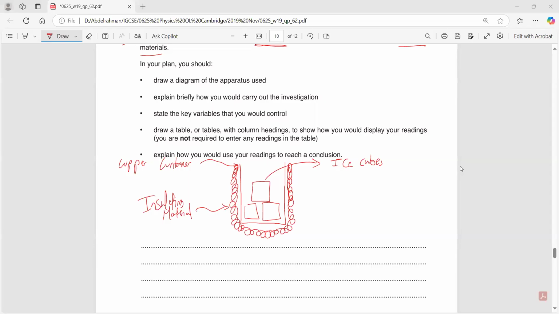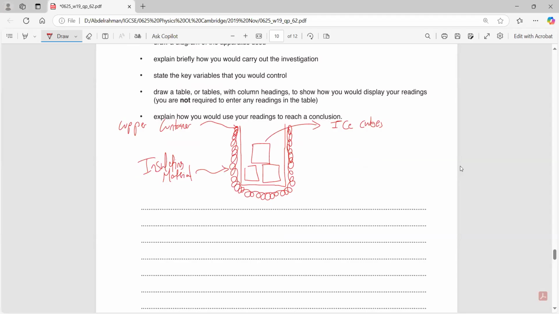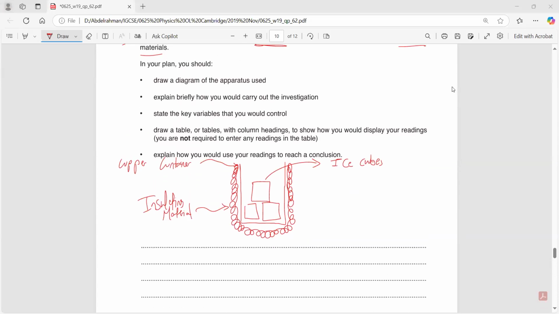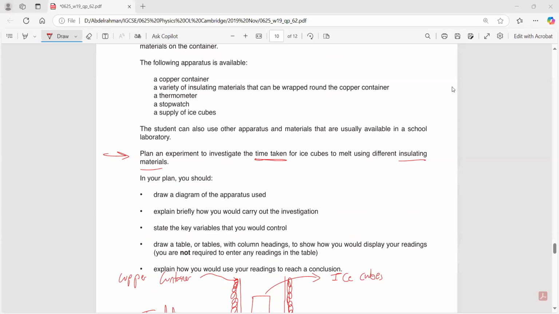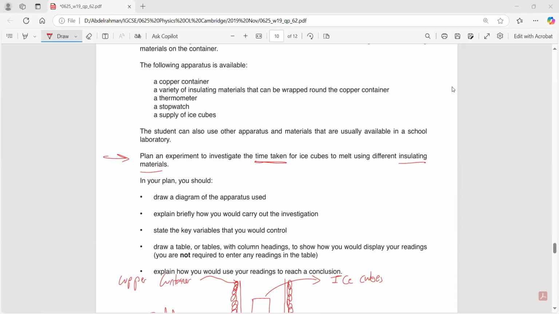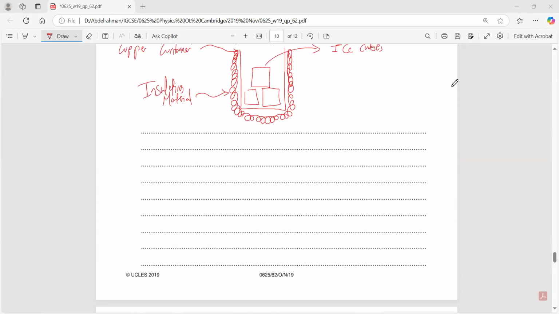What is the range of values? What is the independent variable? You have a copper container and you're wrapping the insulating materials around it.